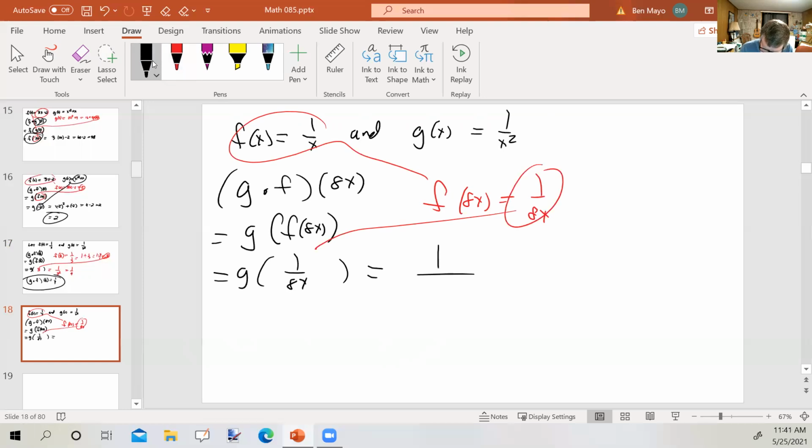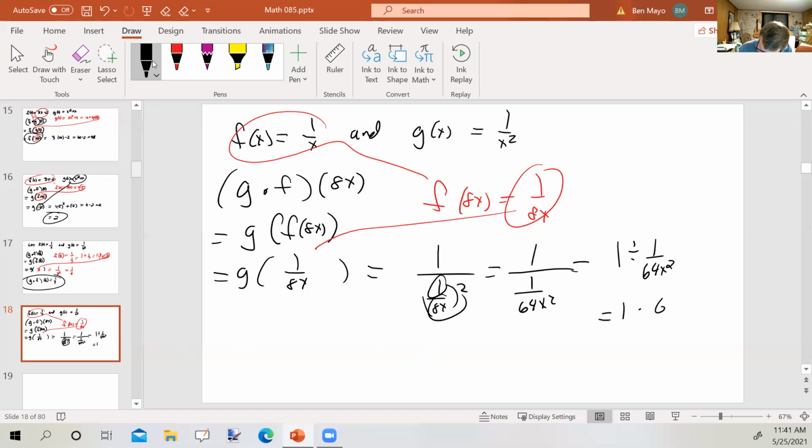And that's equal to 1 over x squared, which is 1 over 8x squared, which is 1 over 64x squared, squaring this and this, which is 1 divided by 1 over 64x squared, which is 1 times 64x squared over 1, which is 64x squared.